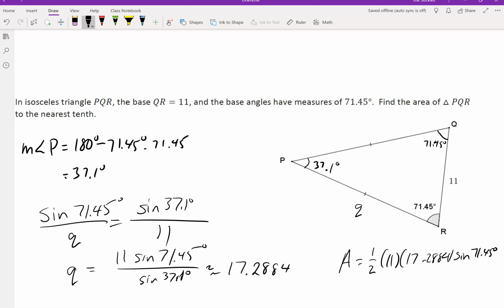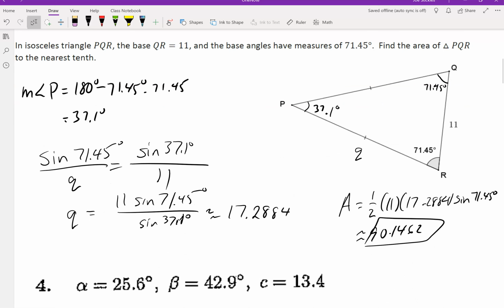And we get 90.1462. And I know it says round to the nearest tenth, but I'm not really worried about that here when I'm just trying to illustrate the problem. You should also probably note that I could have also used this for this side as well.